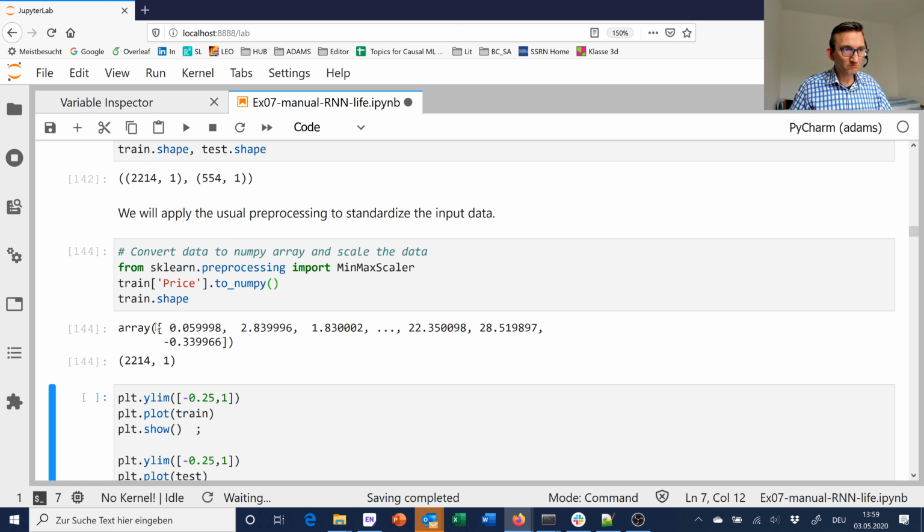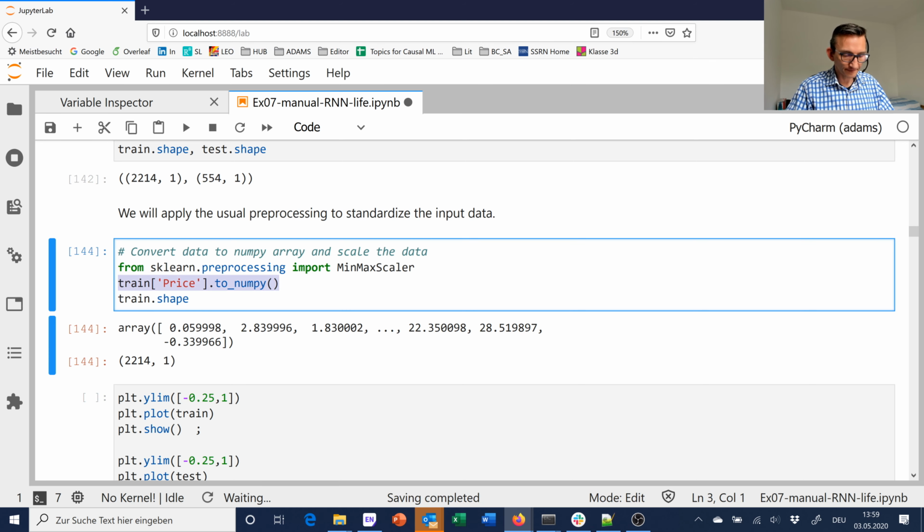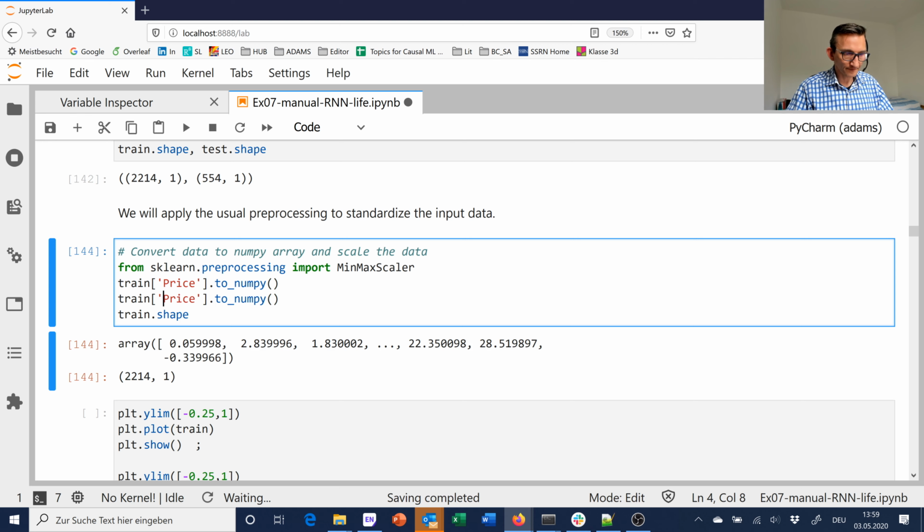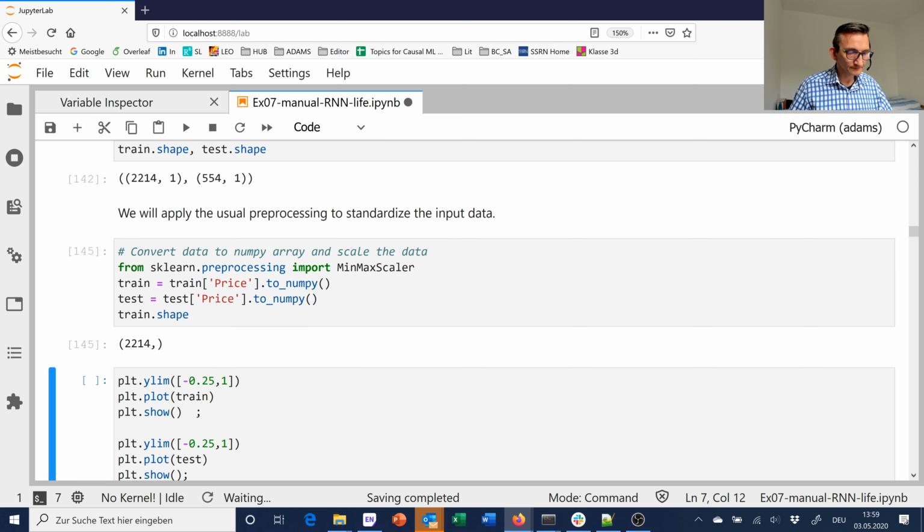And then we can move on with the test set. And we can override these things.